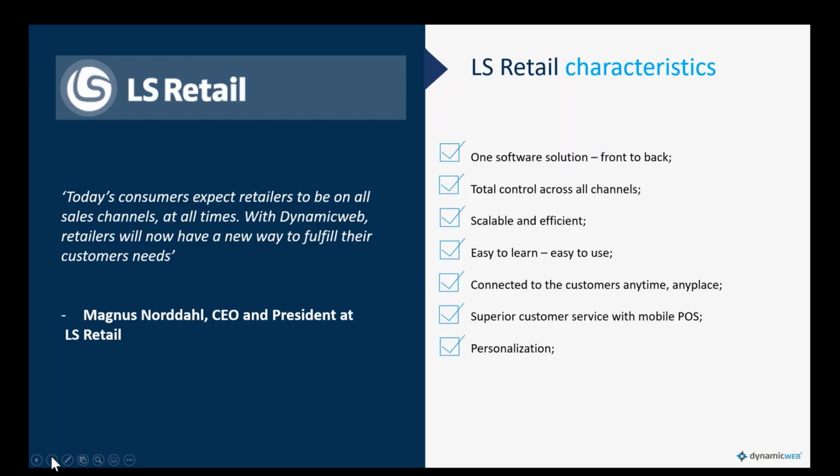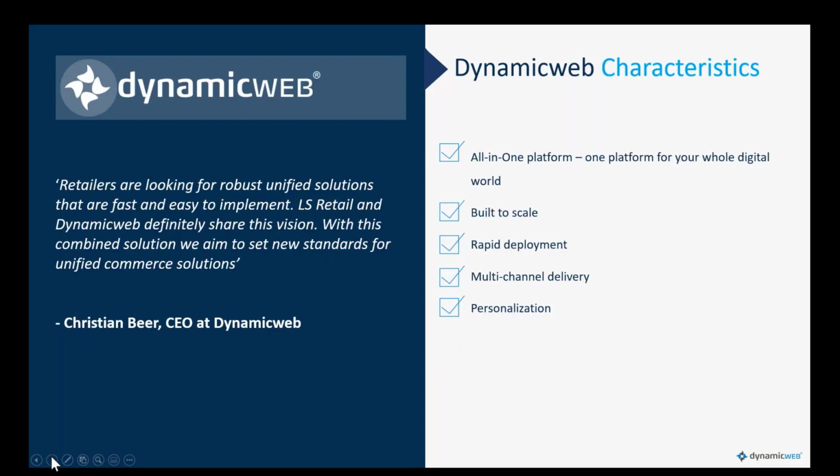So what we looked for is a strong retail partner who would think a little bit like us. And one of the things that struck us when we started looking around for cooperation partners was the similarities of the things that LS Retail say is their own characteristics as well as our characteristics.